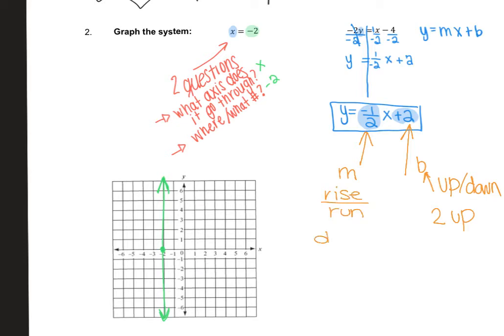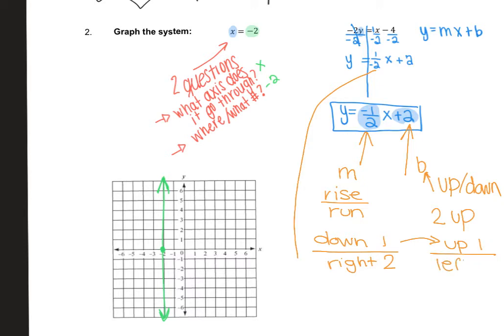So I am down 1, right 2. Now, say I kept, with that one, where my negative was on the bottom, this could also be up 1, left 2, right? I can have it either way.